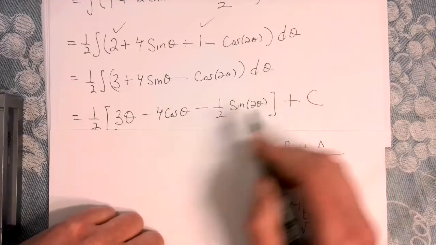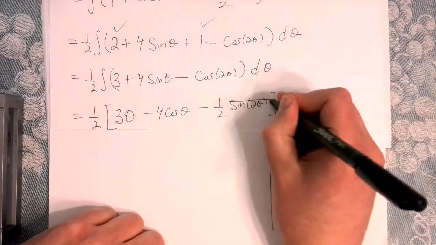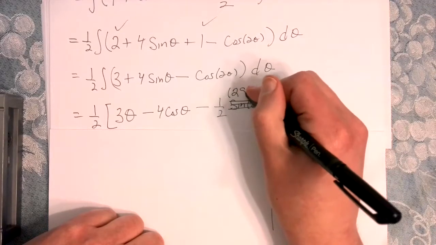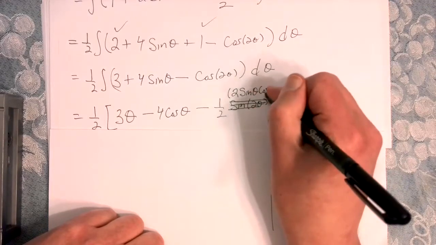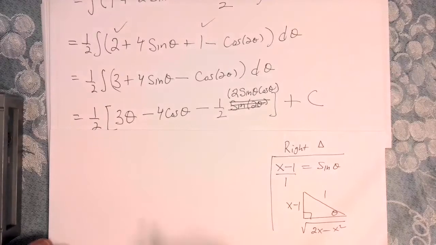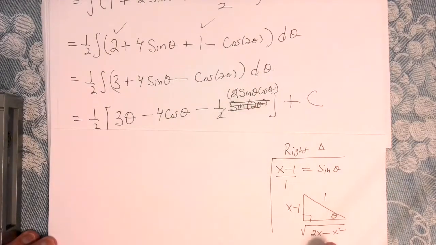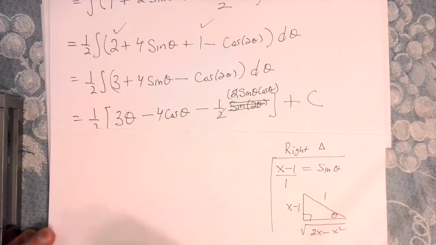So instead, what you want to do is use the double angle formula for sine. So sine of 2 theta is 2 sine theta cosine theta. Notice that the 2's will cancel. So the double angle formula for sine is really handy because this triangle is in terms of 1 theta.